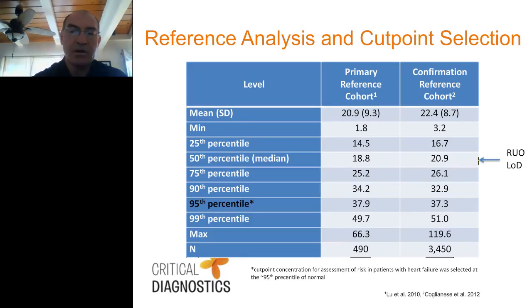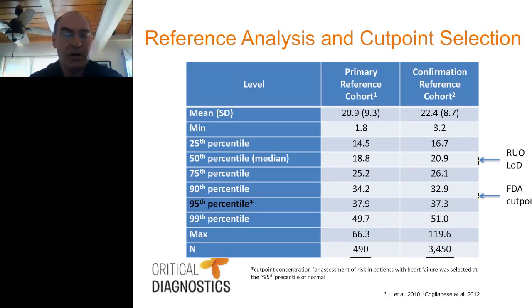Now, in this case, you could be compromised using research use reagents because basically the median, based on our test, is the limit of detection of the research use test. So half of the normal population is effectively unmeasurable using research use tests. And there's several clinical trials that have used research use tests that have confirmed this observation.